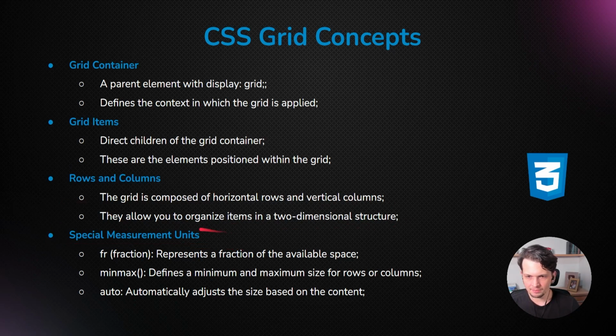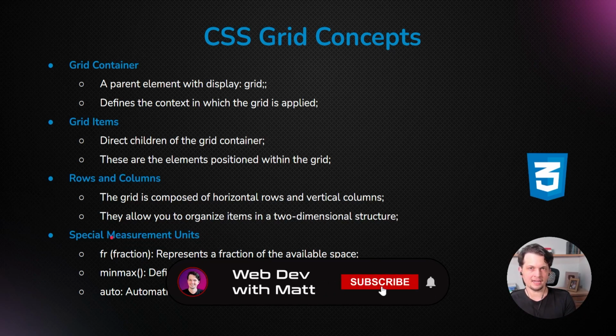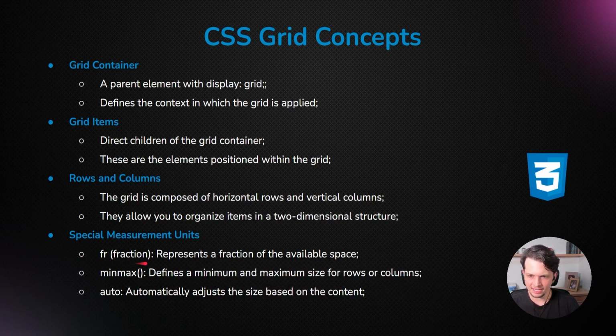And we also have some measurement units like pixel, EM, REM that we have in CSS. Here we have some special units that are used only in grid, okay? So we have FR, fraction, which represents a fraction of available space, so we can divide our layout by fractions. Min-max, this rule defines a minimum and a maximum size for rows and columns, so we can specify the minimum size of an element and the maximum size.